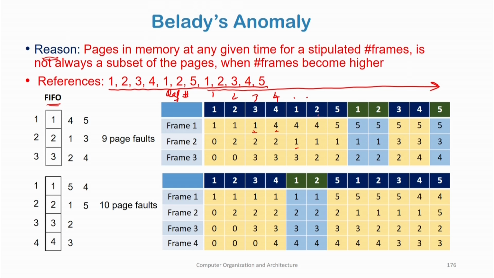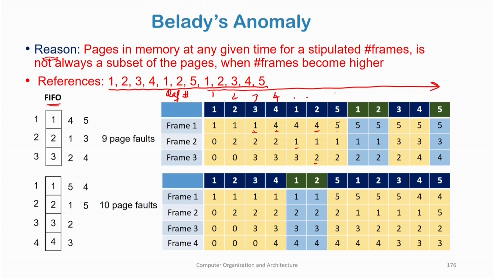Now, 2 is accessed again, 2 again incurs a miss because 1 has replaced 2, and therefore it replaces 3. Then 5 is accessed. Now, 5 incurs a miss. The first in among these 3 pages is 4, so 5 replaces 4 in frame number 1.